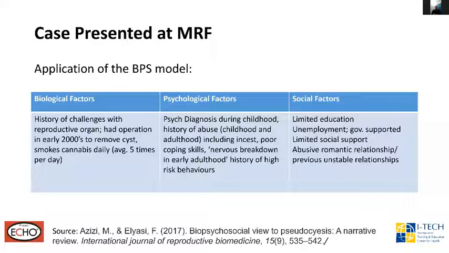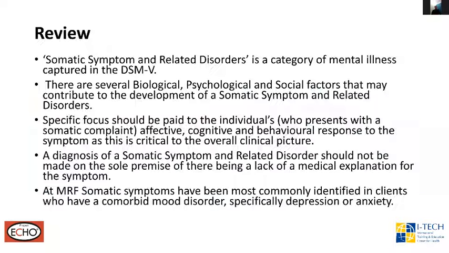So we can move on to the next slide, which is my final slide, which is a review. So firstly, somatic symptom and related disorders is a category of mental illness captured in the DSM-5.